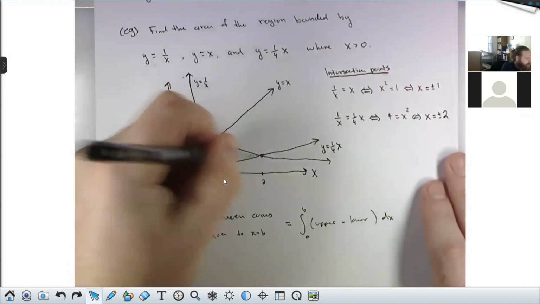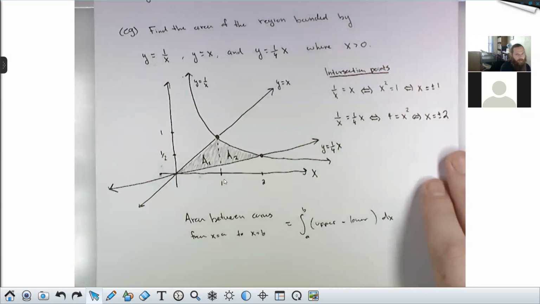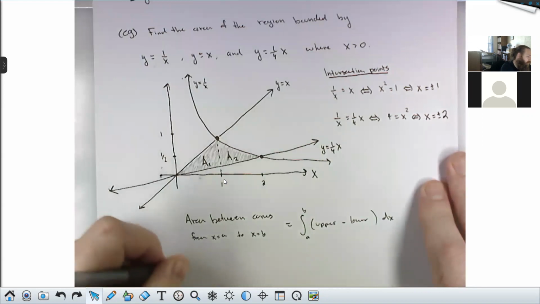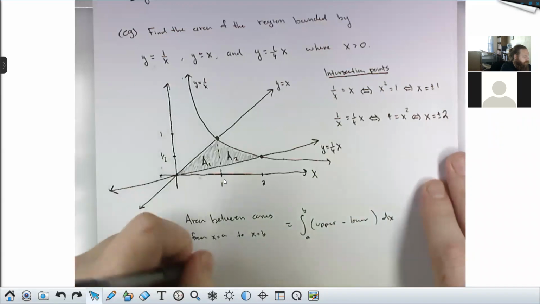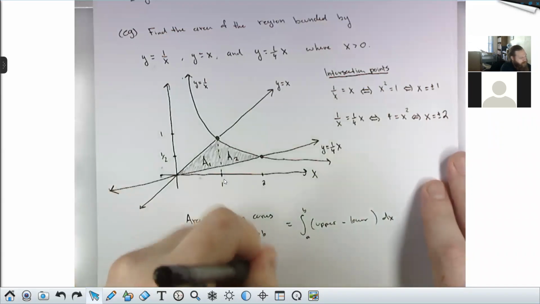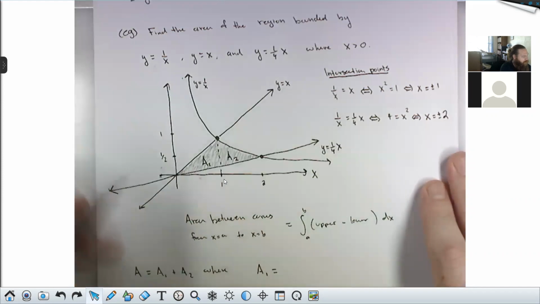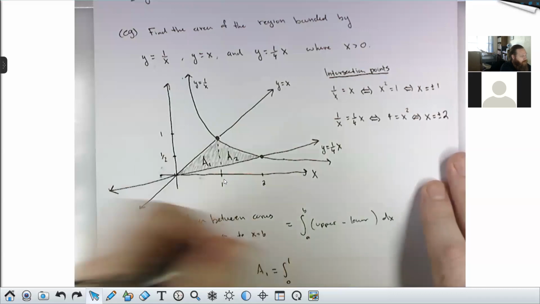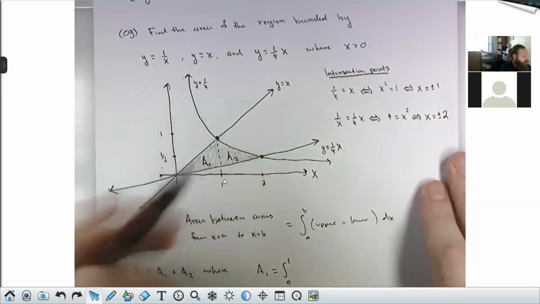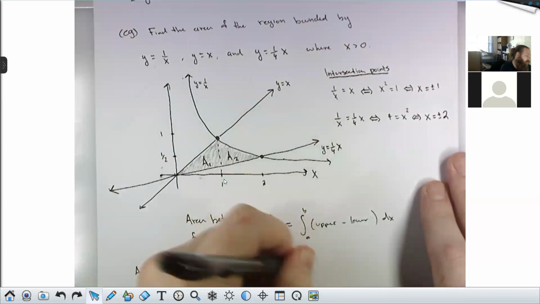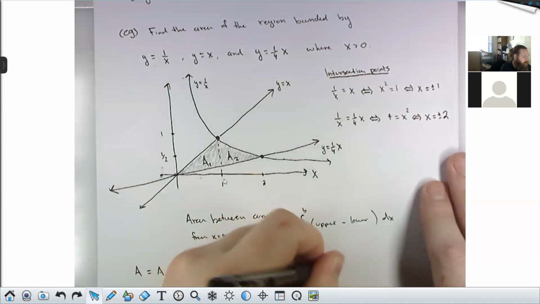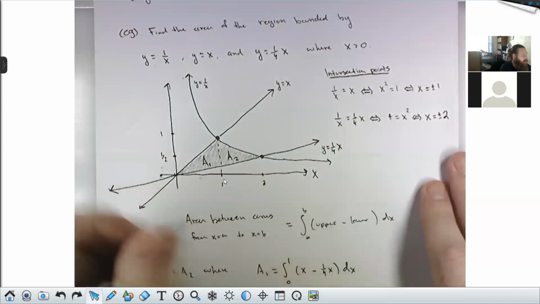So if we wanted to, in the notation we were using the other day, I could split this into A1 and A2. And here the area that I want, I'll just call A, is equal to A1 plus A2, where A1 would be the integral from 0 to 1 of the upper function here, which is y equals x, so just x, minus the lower function here, which is 1/4 x dx.